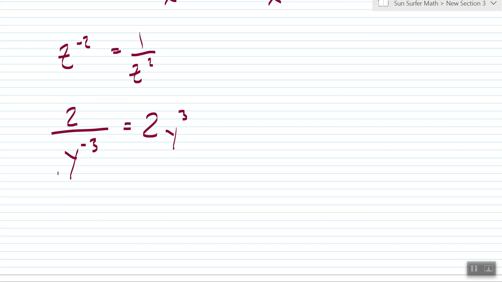It has no relationship with this variable in the exponent at all, so it just stays right where it is. Just as though if we had something like 2 z to the negative 5, again, the 2 has no relationship to the z to the negative 5, so it just stays in the numerator. The z goes down to the denominator, and we raise it to the positive 5 power.